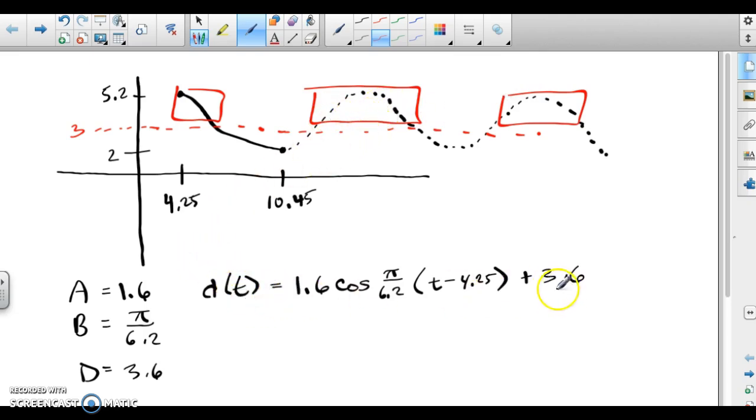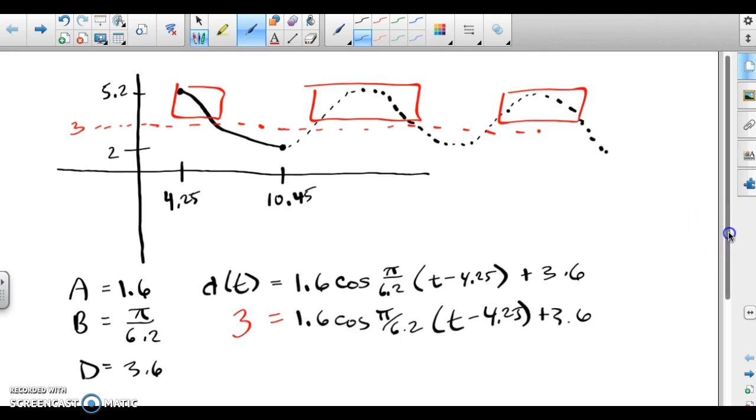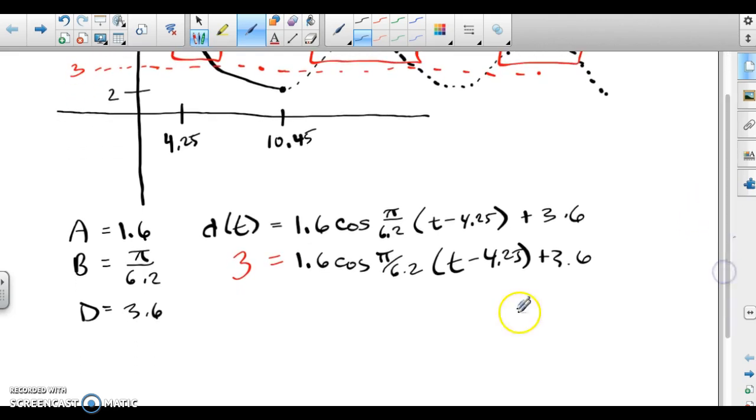So we have our equation already. We found that in part A. And what we need to do is say that if the water level is 3, we set that equal to 3, and we make it equal to everything else: 1.6 cosine pi over 6.2 times t minus 4.25 plus 3.6. And at this step, it's really just solving an algebraic equation, and you want to solve for your cosine value, your trig ratio.